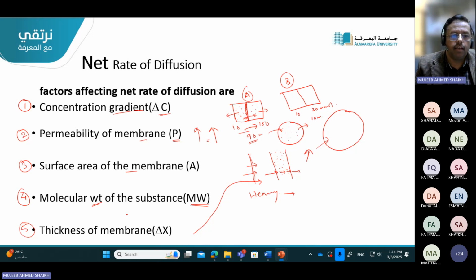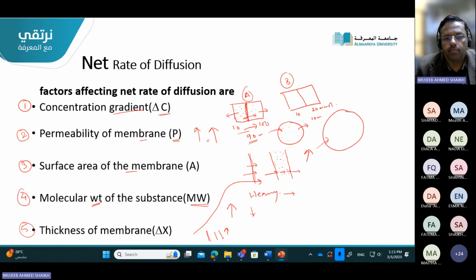Opposite to that, the last two factors, molecular weight. If molecular weight is increasing, diffusion rate will decrease, because if a heavier substance is there, it will be taking long time to travel from one place to another place or from inside to outside the cell. Okay. Similarly, if the membrane is thin, that is, thickness is less, diffusion will be high.